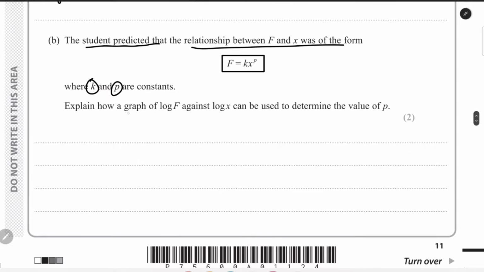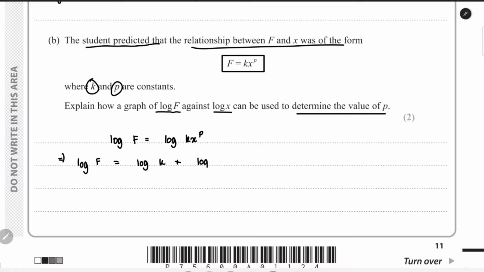We have to explain how a graph of log F against log x can be used to determine the value of p. So if we take log on both sides, we'll get log F equals log kx to the power p. We can write this as log F equals log k plus log x to the power p. Now we can bring the power down, so log F will be p log x plus log k.